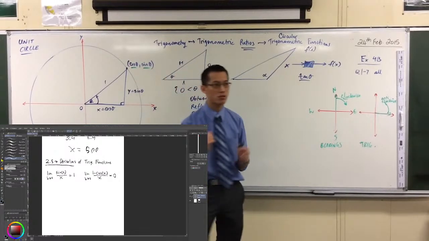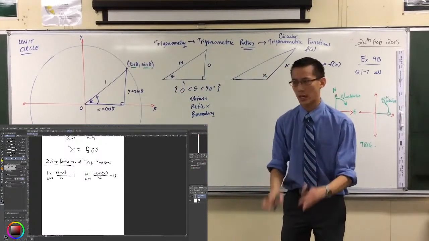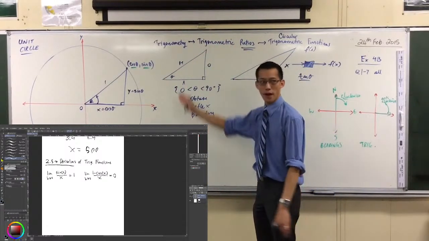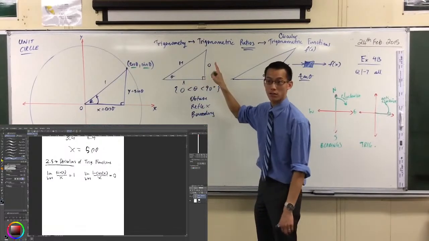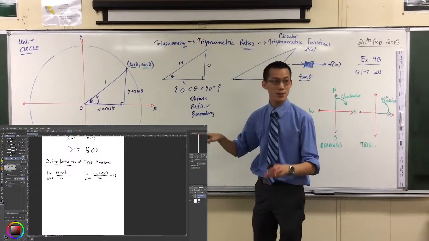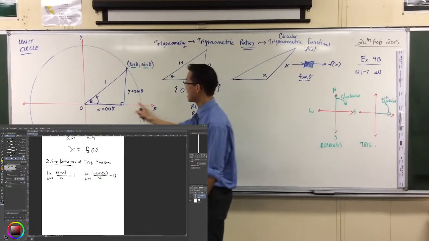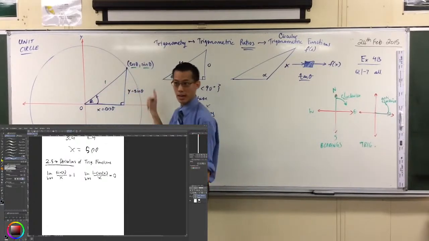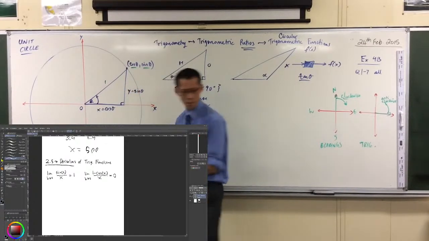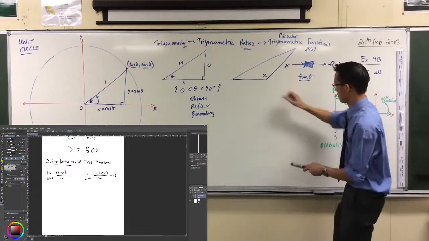So I'm now going to change gears. This is weird. I am just going to stop defining sine and cos in terms of this triangle. I'm now going to define sine and cos in terms of this circle, okay? In fact, I'll just go over here.